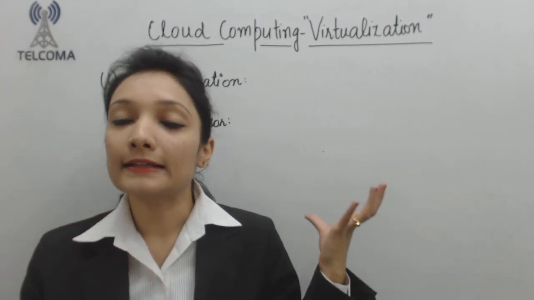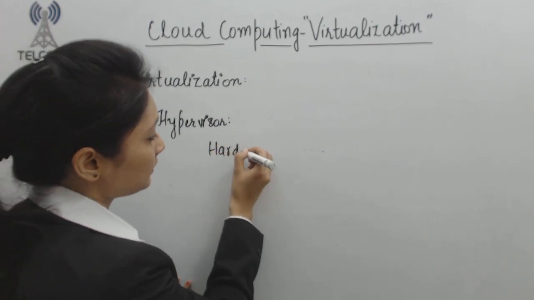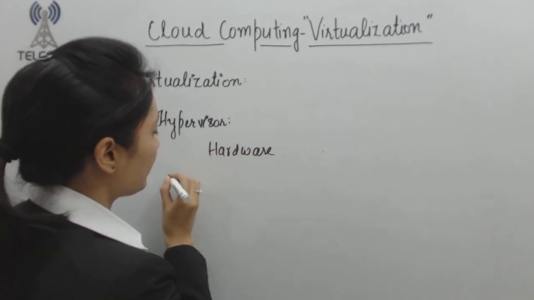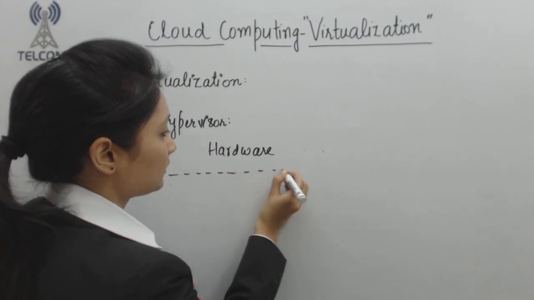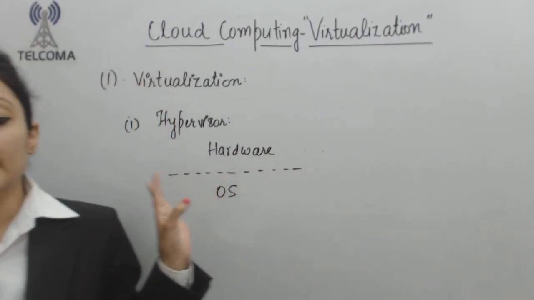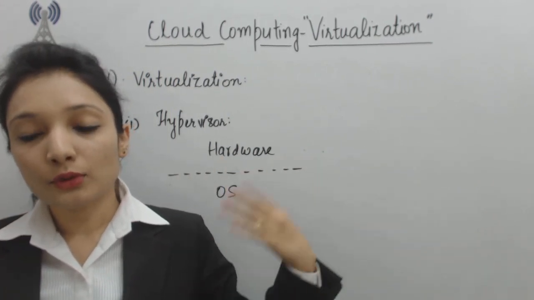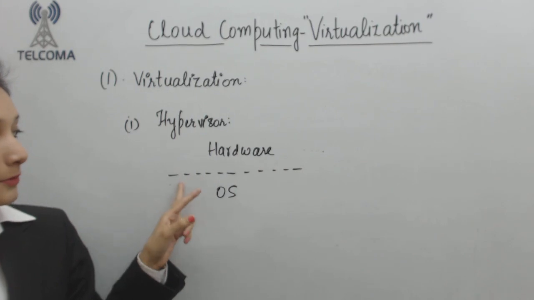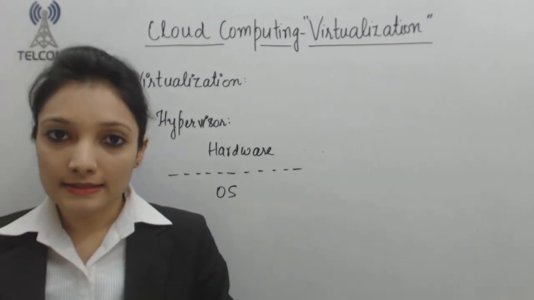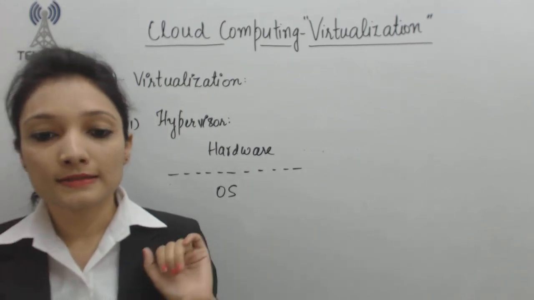So basically it is interacting with the hardware and the resources, so that the resources can be provided to the various instances or virtual machines which have been enabled on your system.